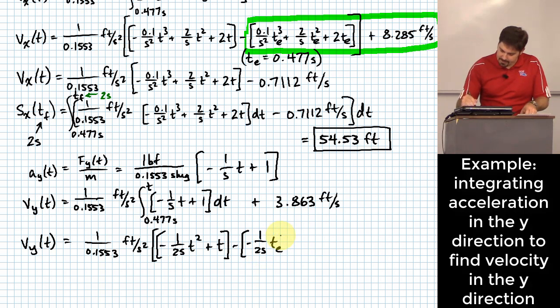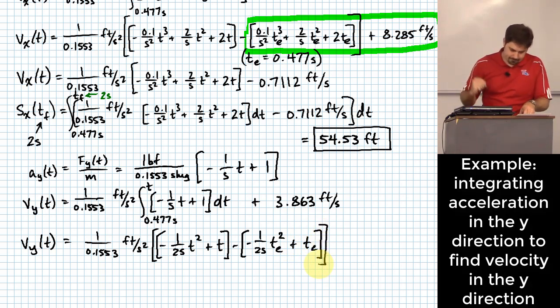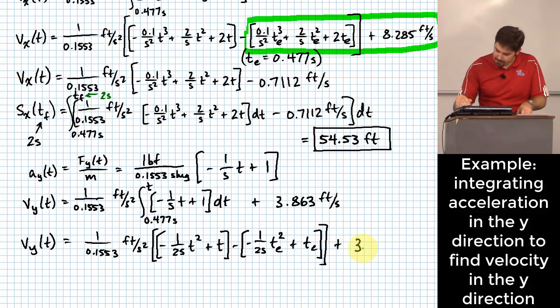This is our exit time squared plus our exit time, plus that initial velocity.